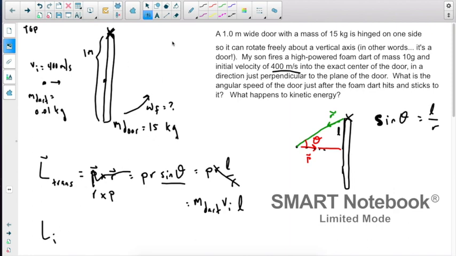And again, there's no net external torque. Nothing outside of these two objects is acting on the system. And when there's no net external torque, I know that Li equals Lf, conservation of momentum. All right, so does it matter that initially I have translational momentum of this dart moving relative to this point, and at the end I'm going to have clearly rotational momentum of a rigid body?